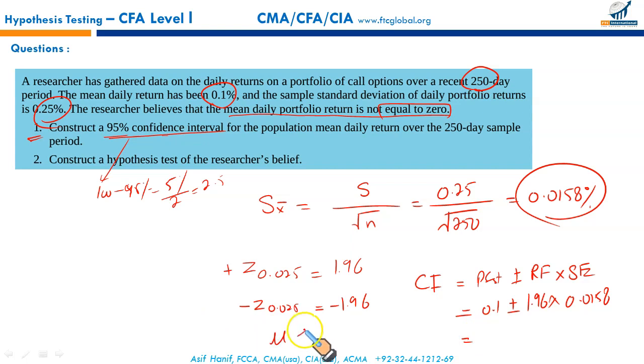If you simplify this with a plus sign, you will have 0.131%, and when it is 0.1 minus the number, you get 0.069%. So this is what you call your confidence interval at 95%.